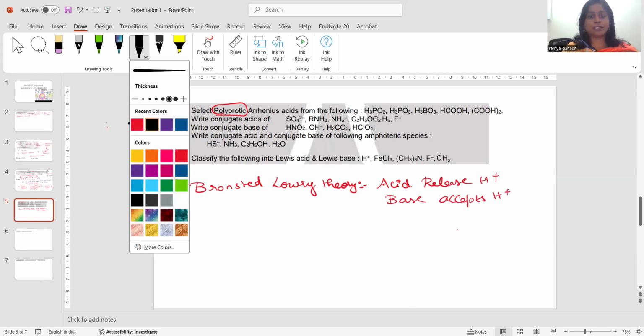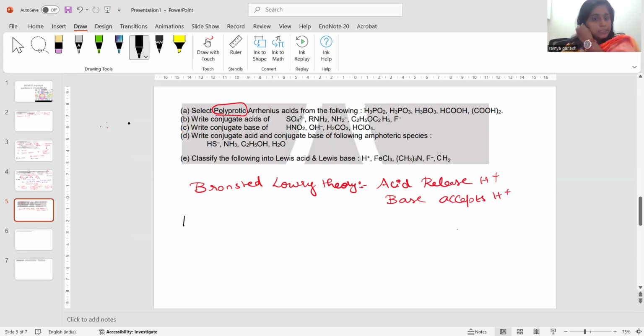So if an acid like HCl is there, HCl will release H plus and Cl minus. Now this is an acid. The counterpart that is formed here is called the conjugate. In English, conjugate takes the same meaning, counterpart or opposite. Since it is an acid, this opposite is a base, the conjugate base.